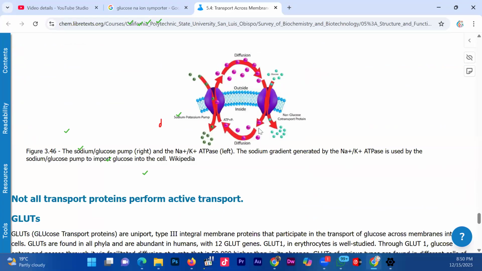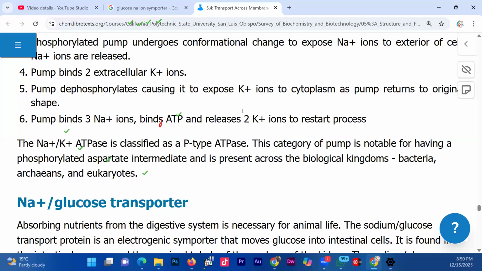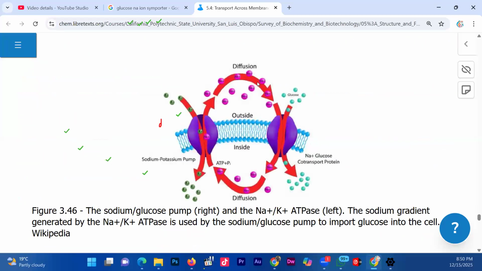Are you seeing the image now? I'm seeing channels and transporters. Okay, I'm seeing it now. It is clear.